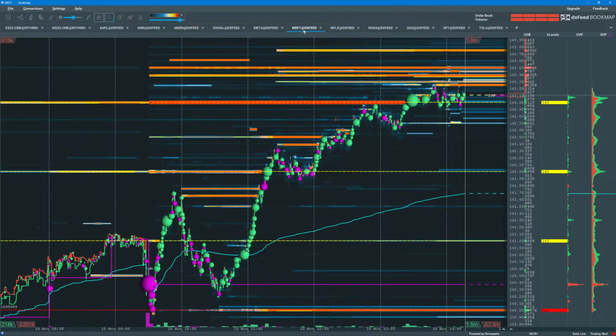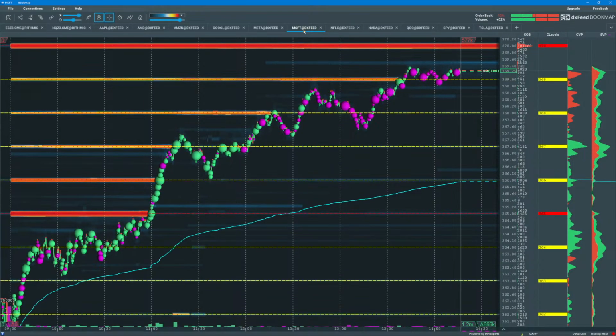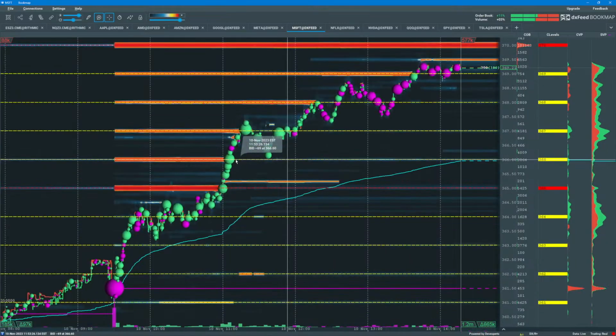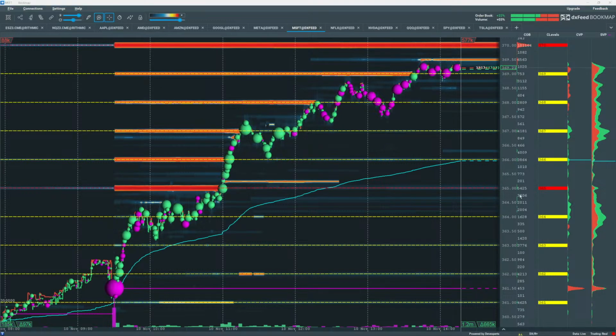Go to Microsoft. So another call wall breach. 365. Note the liquidity at that level. That heat map in Bookmap is showing a history of the limit orders in the current order book.